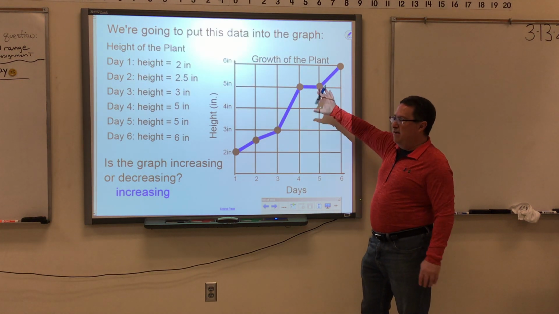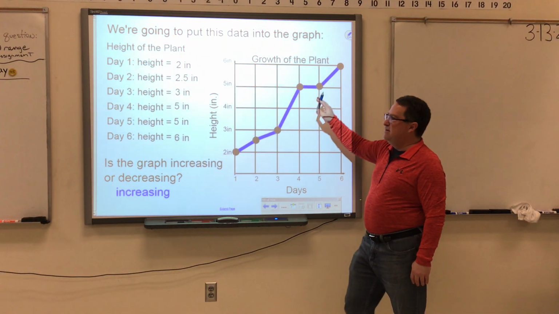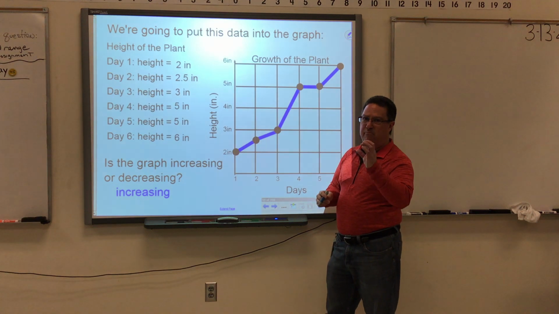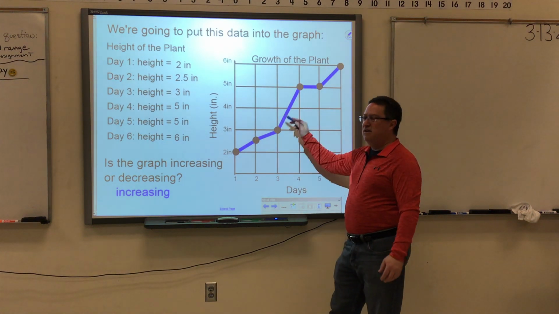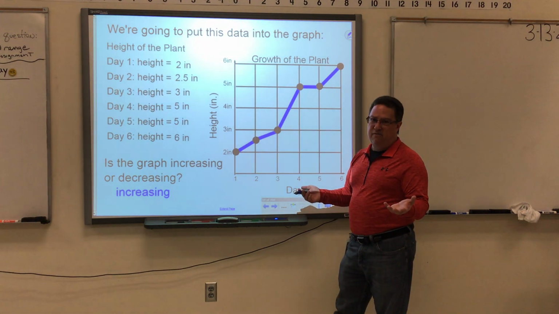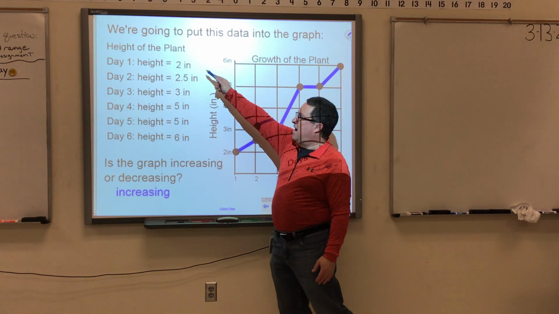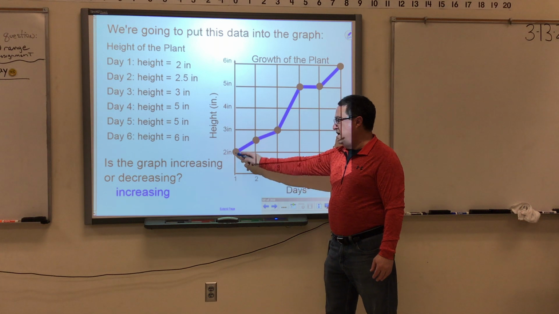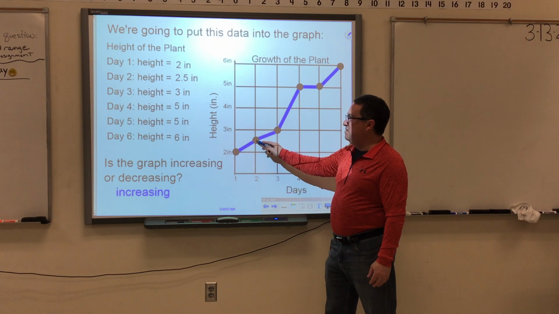So now instead of having an already graphed one, I'm going to give you info and you're going to graph it. So you're going to take points first, and then you're going to connect the dots just like you did when you were 5 years old. So height of the plant day 1 was 2 inches. There's day 1, 2 inches. Day 2, 2.5.